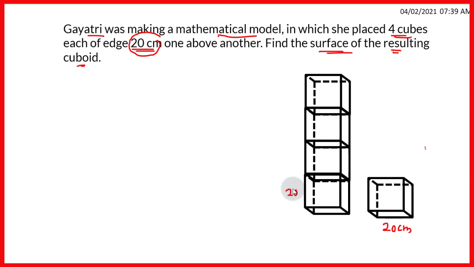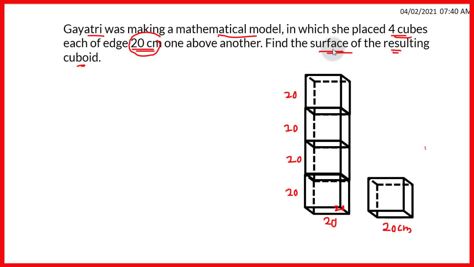So this will be 20 centimeter, this will be 20 centimeter, this will be 20 centimeter and this will be 20 centimeter. The length will remain the same, that is 20 centimeter, and of course the breadth will also be 20 centimeter. So length will be 20 centimeter, breadth will be 20 centimeter and height will be 20 plus 20 plus 20 plus 20, that is 80 centimeter.